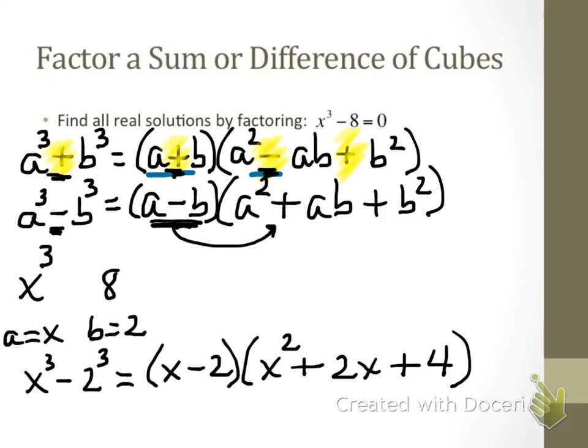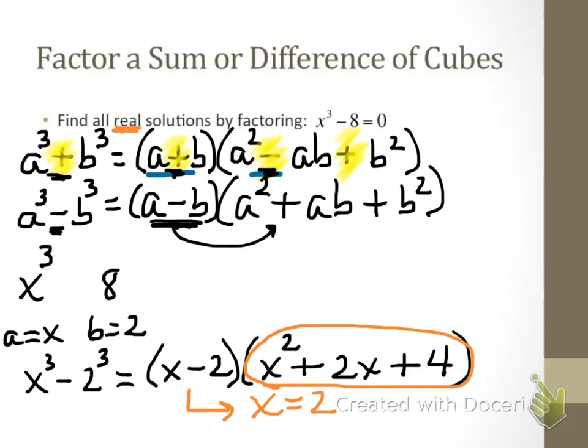Now, when it comes to solving these, if we are only looking for real solutions, which is what these directions say, the only factor that's going to give you a real solution is the x minus 2 factor. And so we would have x equal to 2. This factor is almost always going to be imaginary numbers, and so that doesn't fit the real solutions that the directions are asking for.